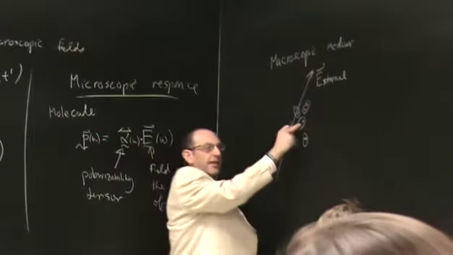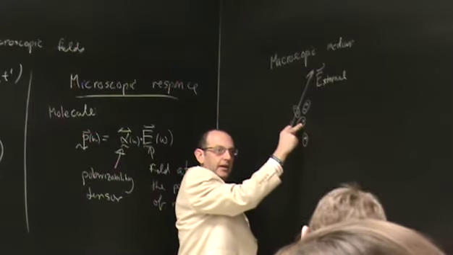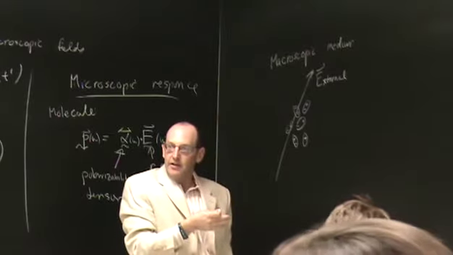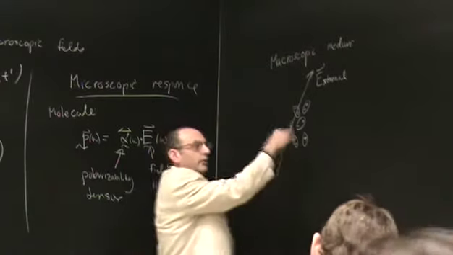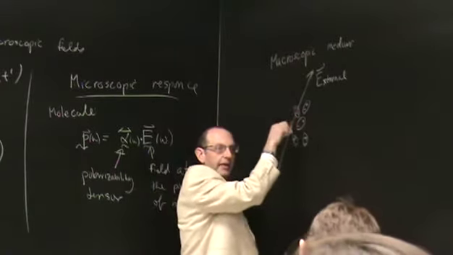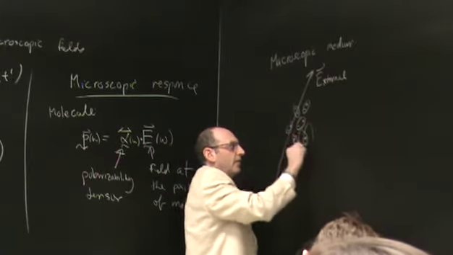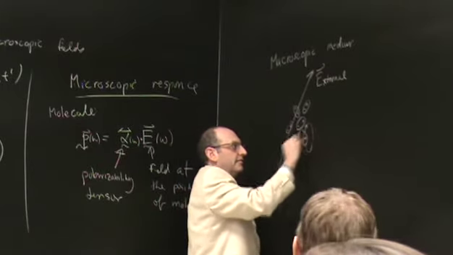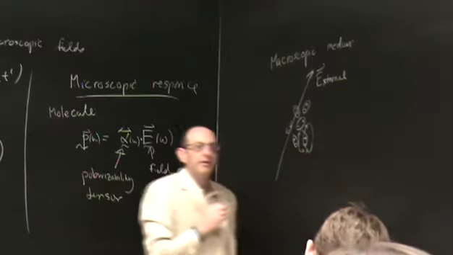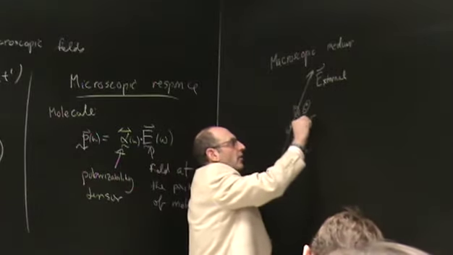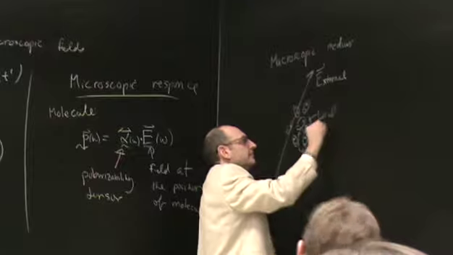Then the field that's present here is not just the external field, but the field due to all these other dipoles that are near it, which are creating their own little dipole fields. And these fields are known as local fields.